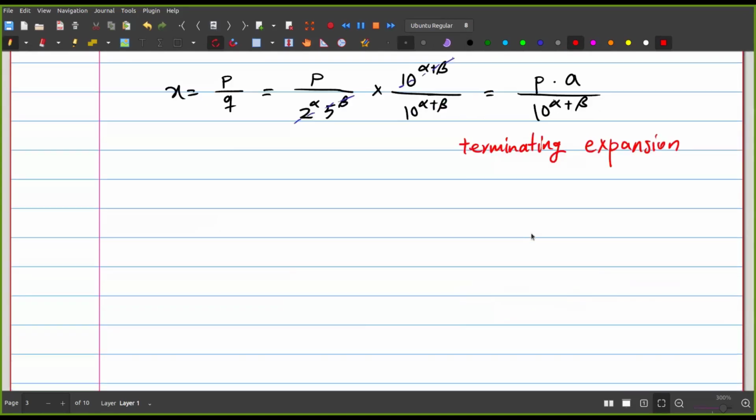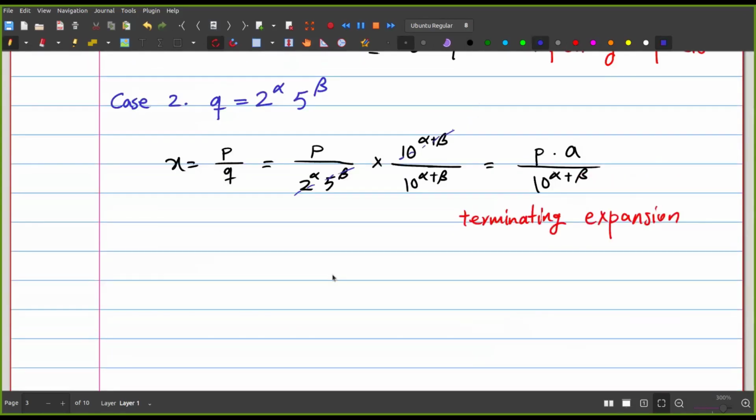Okay. And finally, I have one case remaining, case 3, which is that Q has one of the factors 2 and 5. So it's like 2 to the power of alpha times 5 to the power of beta, and at least one of alpha and beta is not 0, times something else. So it might have some other remaining part. Let's call that Q prime.